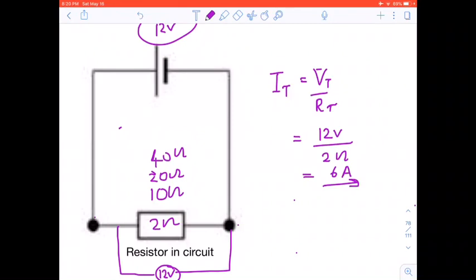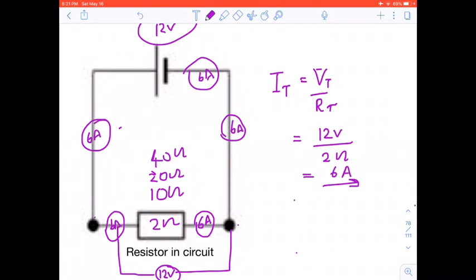That means if I put an ammeter anywhere in the circuit, and you know an ammeter measures current, it's going to show 6 amps everywhere.